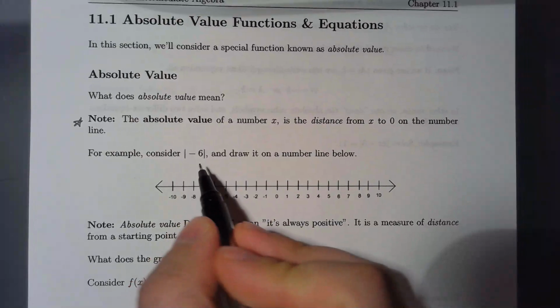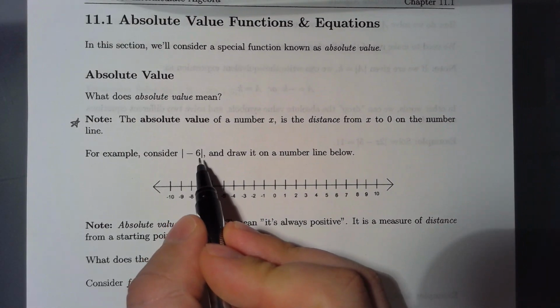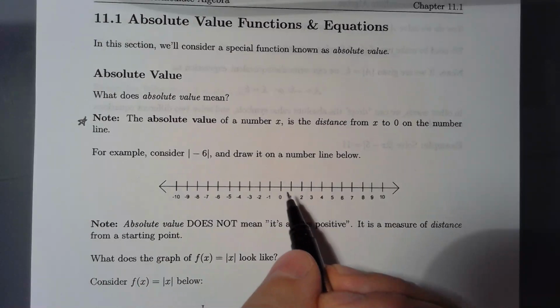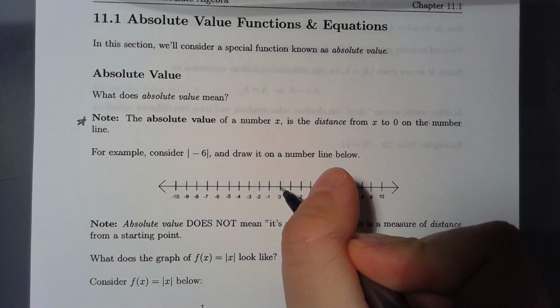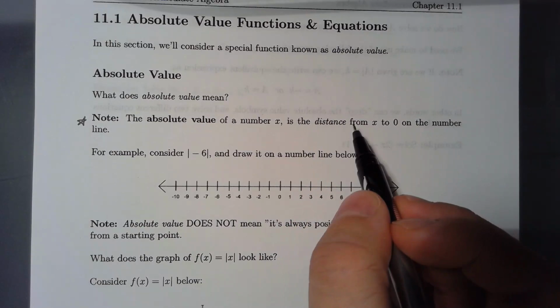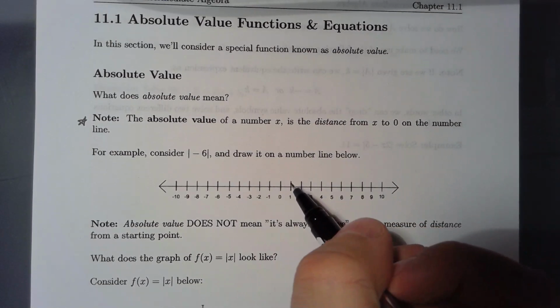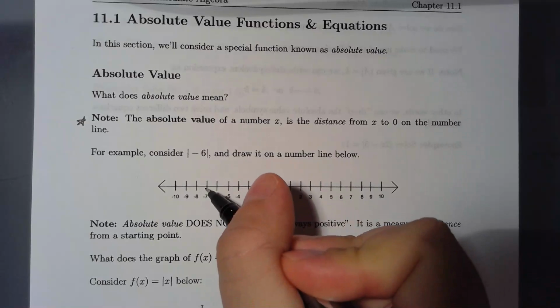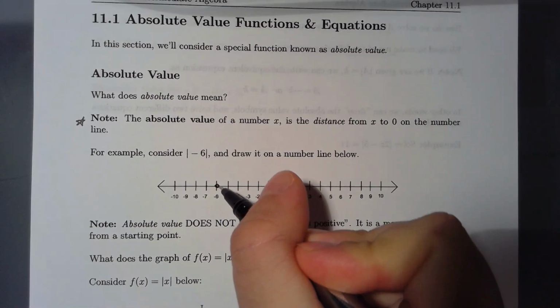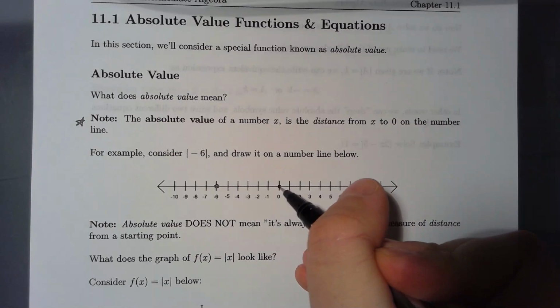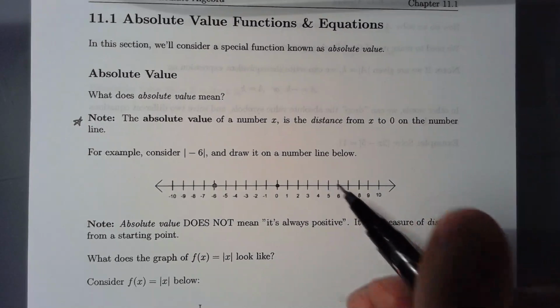So if I'm taking the absolute value of -6, if I drew that on a number line, that represents the distance -6 is from 0 on the number line. So here's -6, and here's 0. So how do you measure that distance?